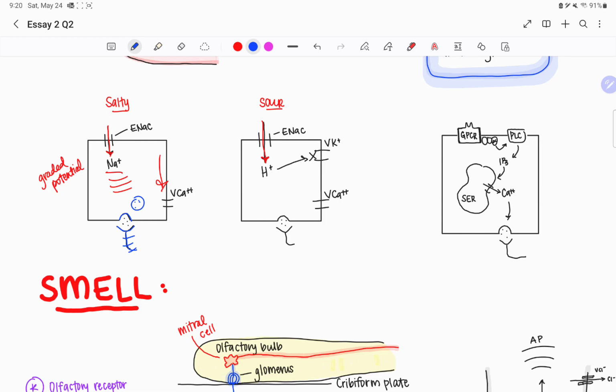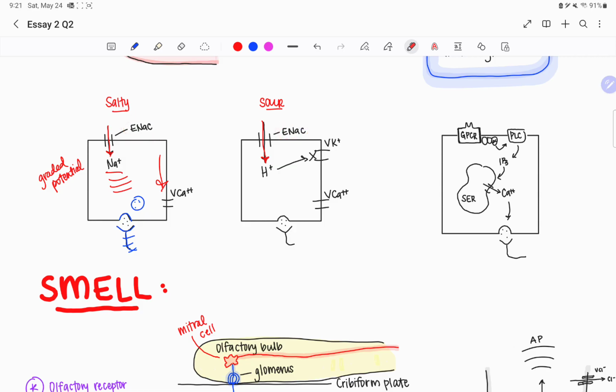and that's how we perceive the salty taste. Really similar thing with sour. Sorry, I forgot to mention that we have this channel. It's called an ENaC channel. I'm not sure what that stands for, but both of these taste buds work through this channel. Both the sodium and the hydrogen, or hydronium, whatever you want to say, ions go through this ENaC channel.